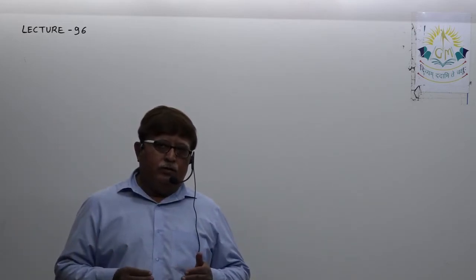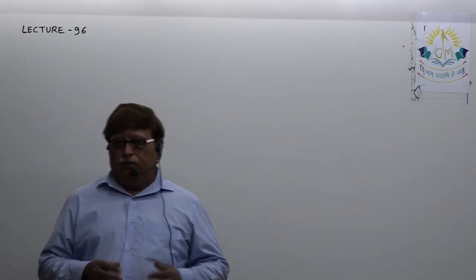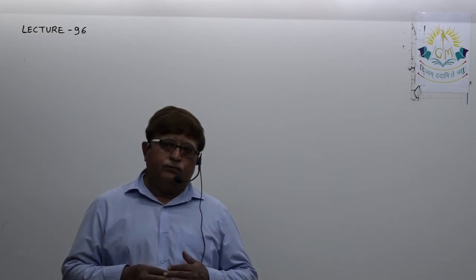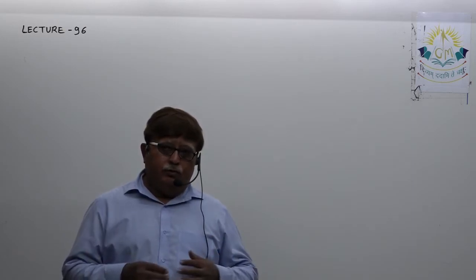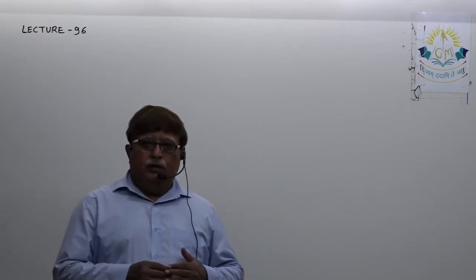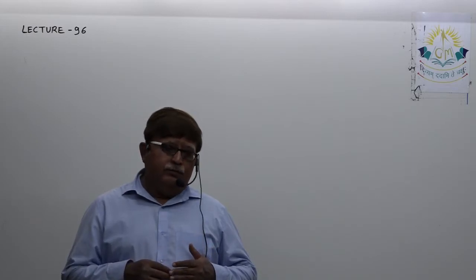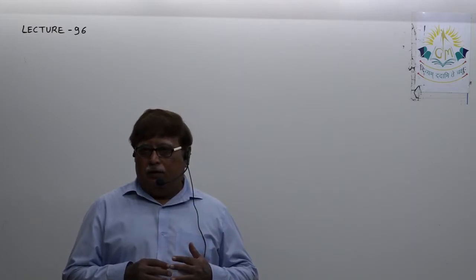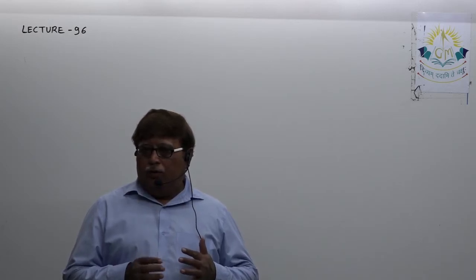In chapter number 12, we are continuing the topic of graph. In our previous two lectures, that is lecture number 2 and lecture number 3, you were already given a complete idea regarding how to draw a graph.